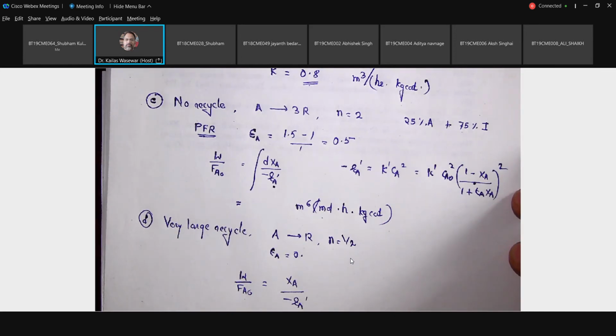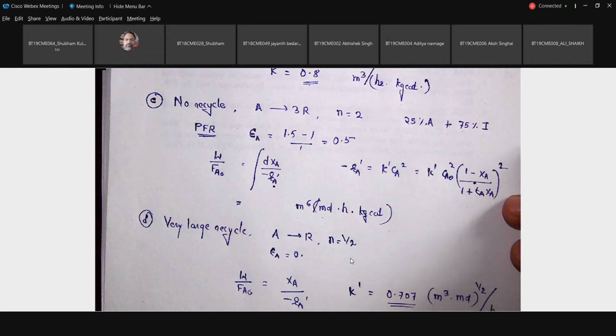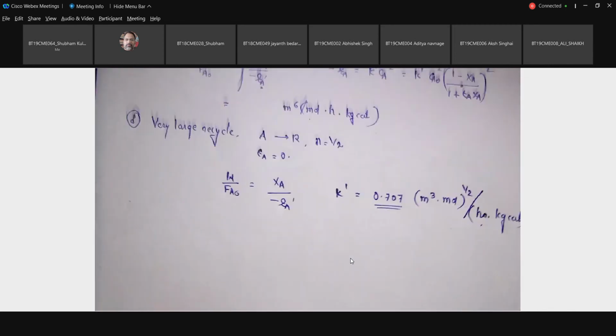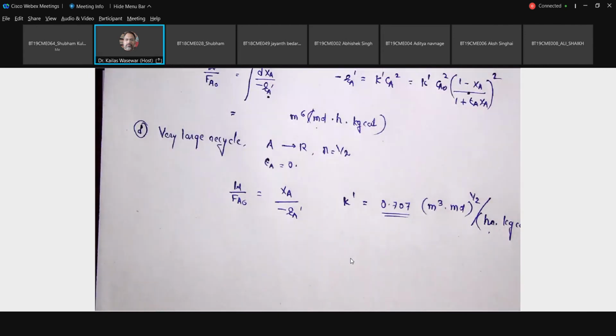When you simplify it, you may reach the value of K. But make sure, I have calculated this as 0.707, but you can verify it. Meter cube per mole. Okay. So this will be your answer. So this is just the revision of your CRE1 kind.